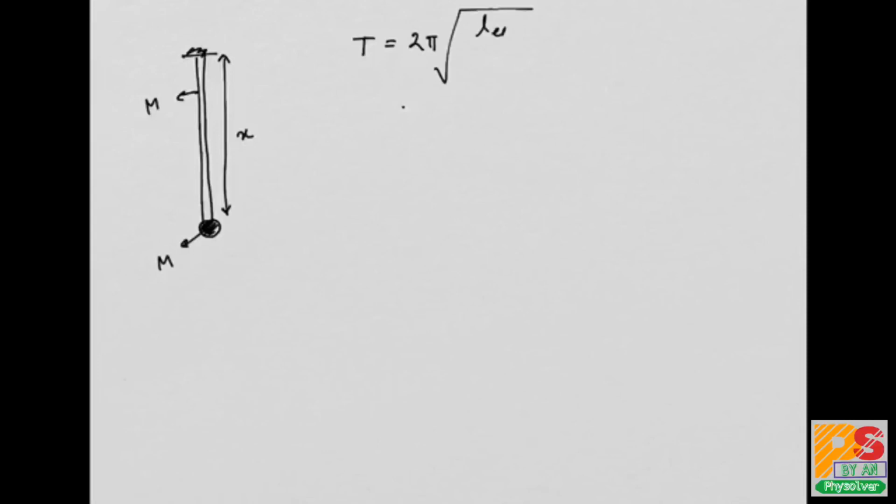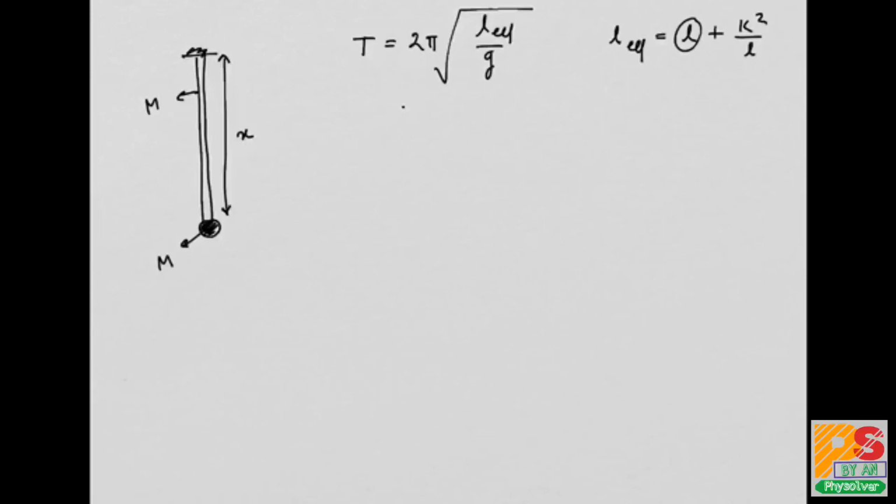For that, this is the bob, this is x, mass is m, and that formula says T equals 2π root over L effective by g. L effective is L plus k square by L. Now see, what is L?